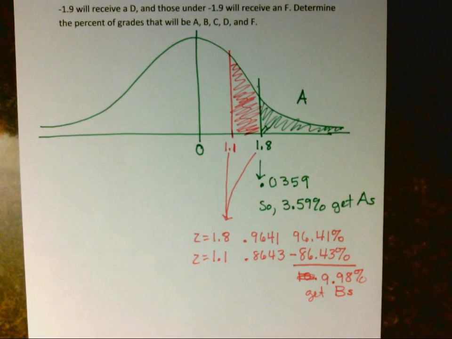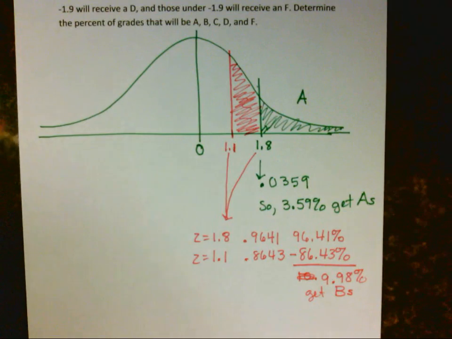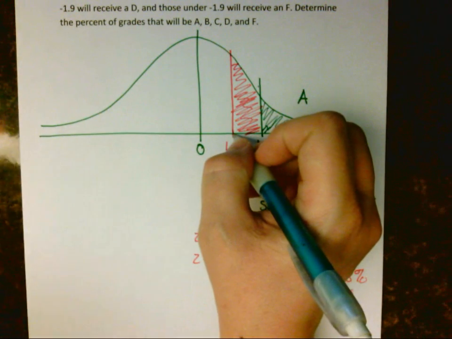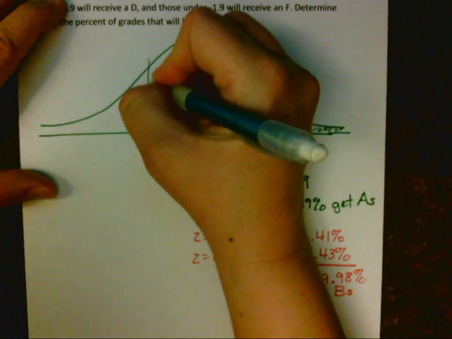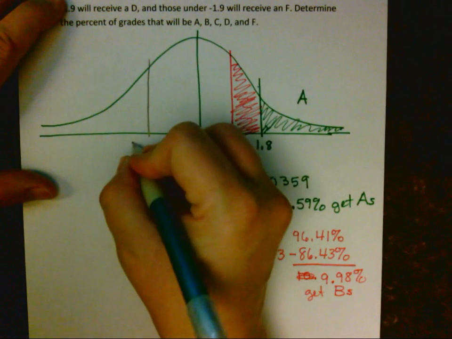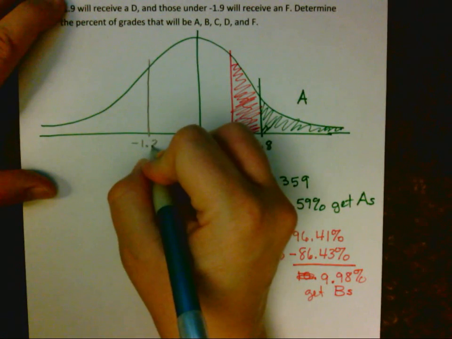Now we have to figure out the C's. And it said in the problem that the C's will be given to people whose Z-scores are between a 1.1 right here, where we cut off on the B's, and a negative 1.2 right about here. Negative 1.2.